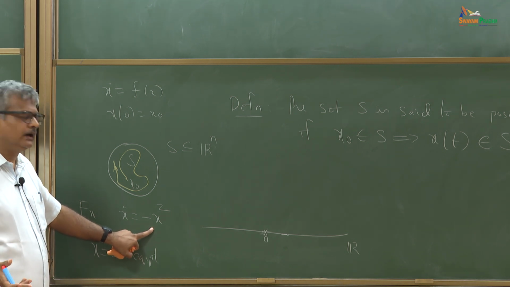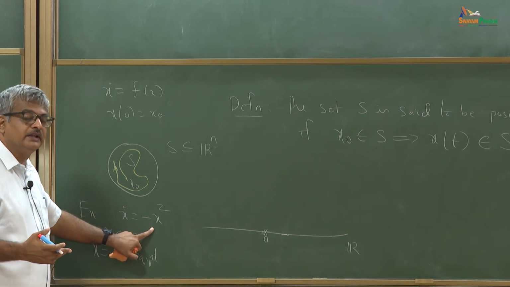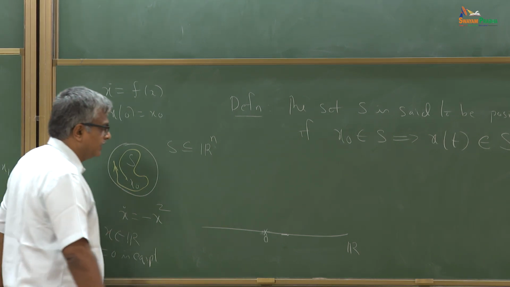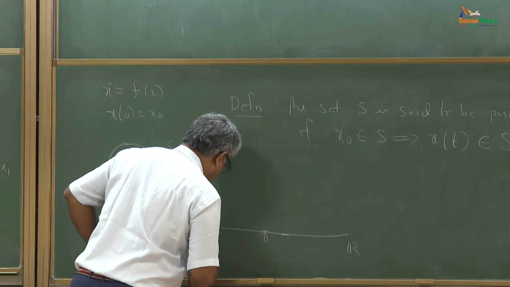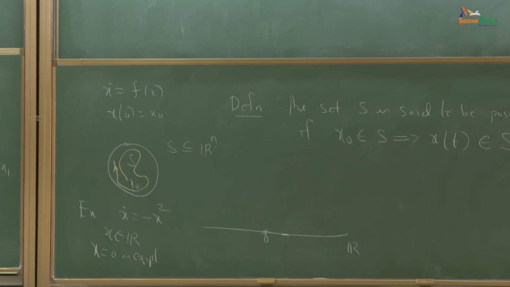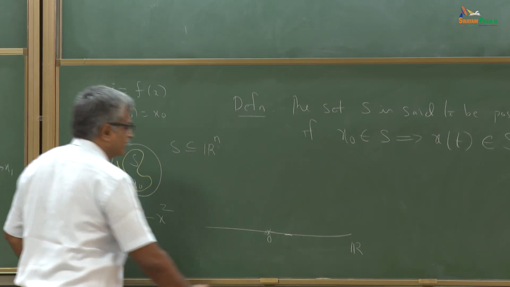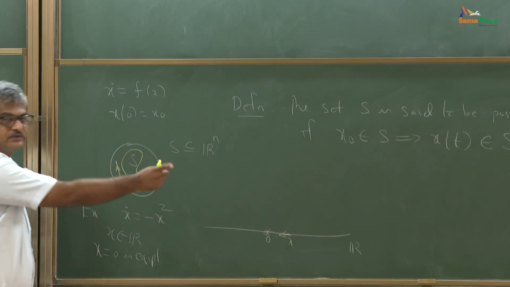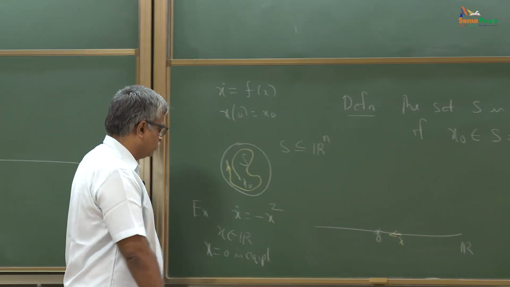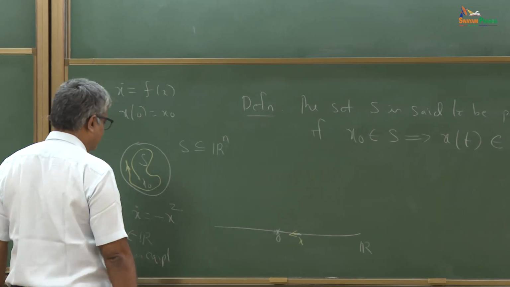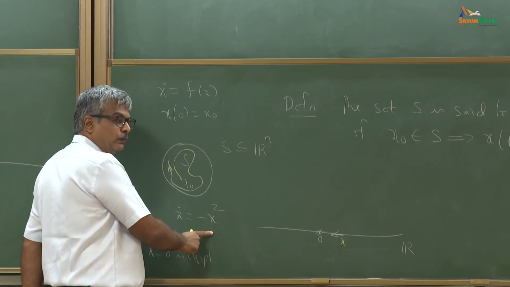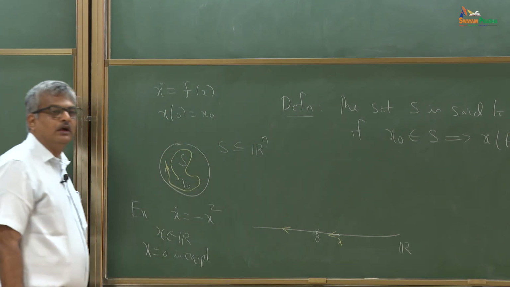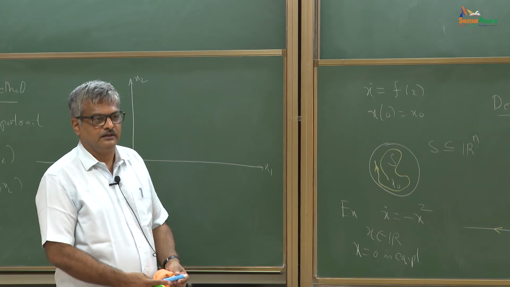I'm not so interested in the magnitude of the vector, but rather its orientation. At any point here, x, it will be negative; this side is the positive direction. What about this side? Negative, but there is a square, so again this will be negative.